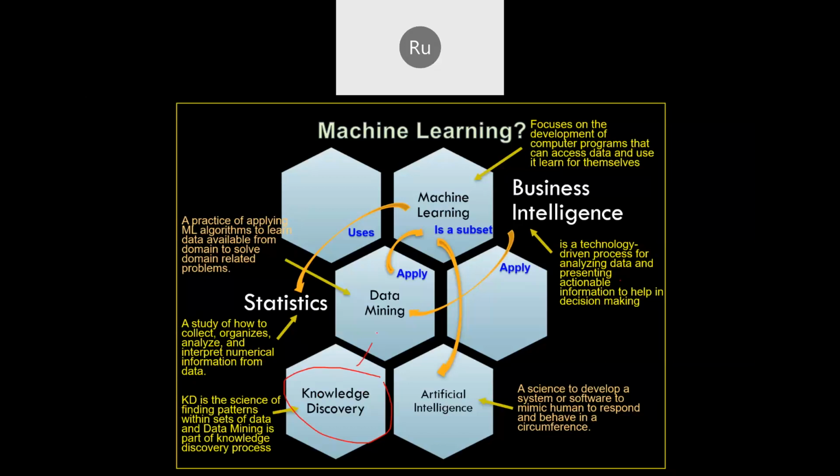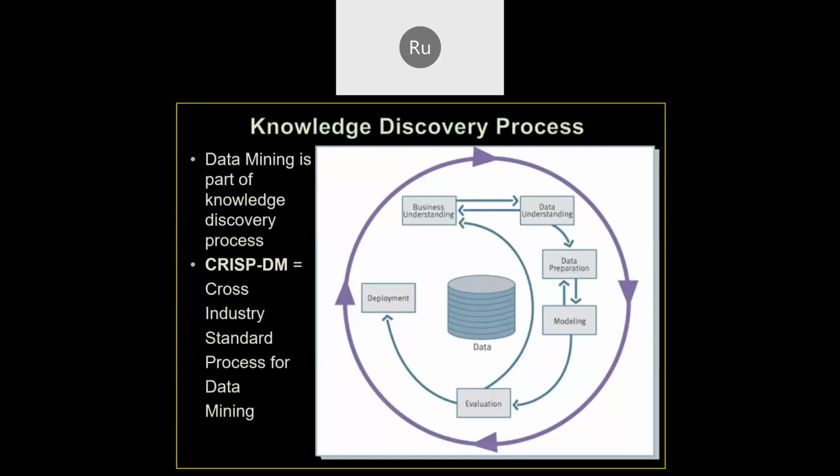No, data mining is one of the processes in knowledge discovery. Okay, let me show you a bigger picture of knowledge discovery. This is the knowledge discovery process, which we call the Cross-Industry Standard Process for Data Mining, CRISP-DM. Okay, so data mining is part of the knowledge discovery process, which is this one.